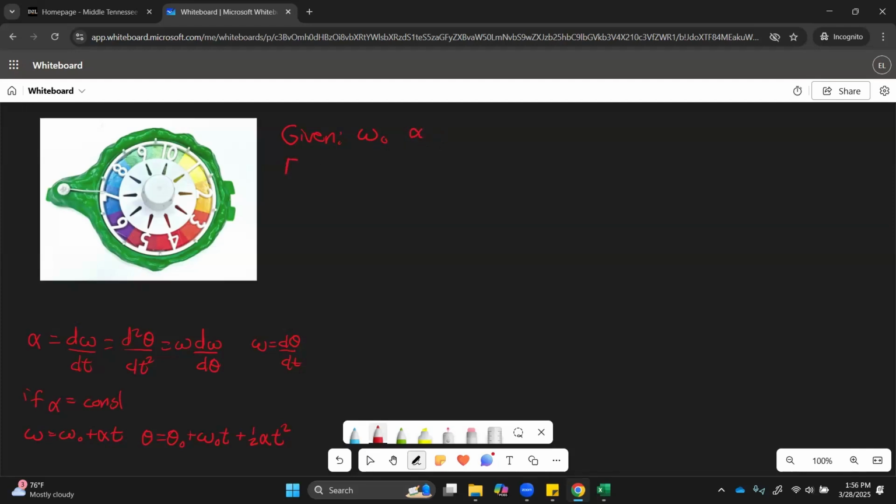Then we need to find the time to stop the wheel, which I'll call t final, and theta final. Basically we want to know what number the wheel stops on.